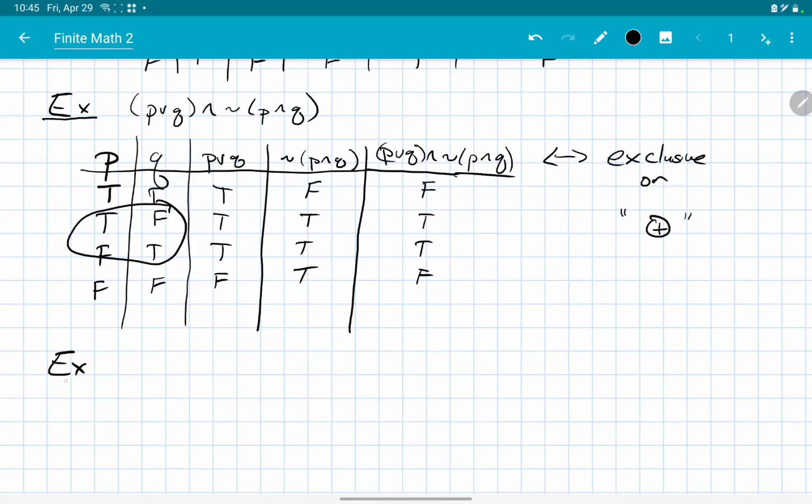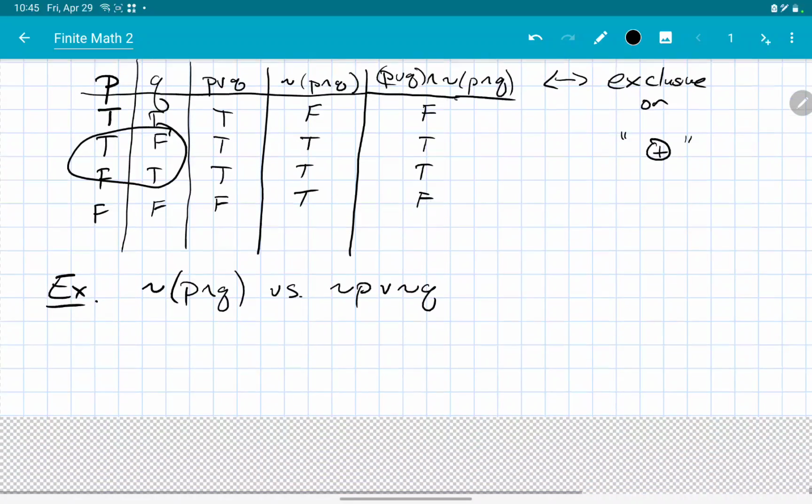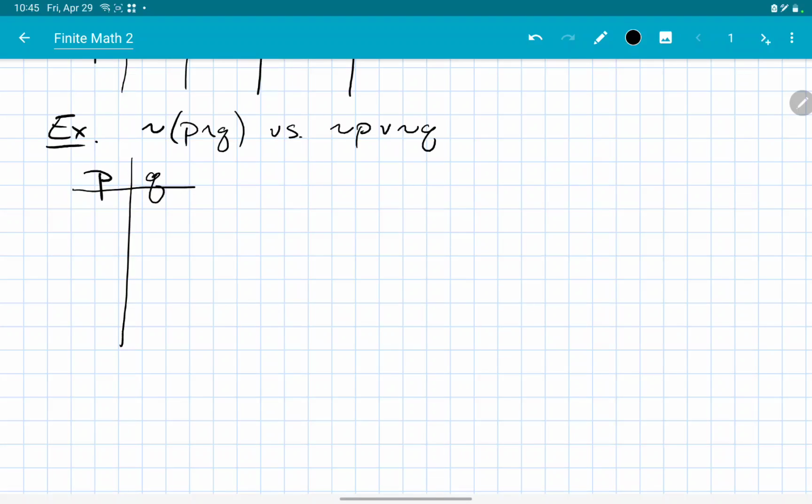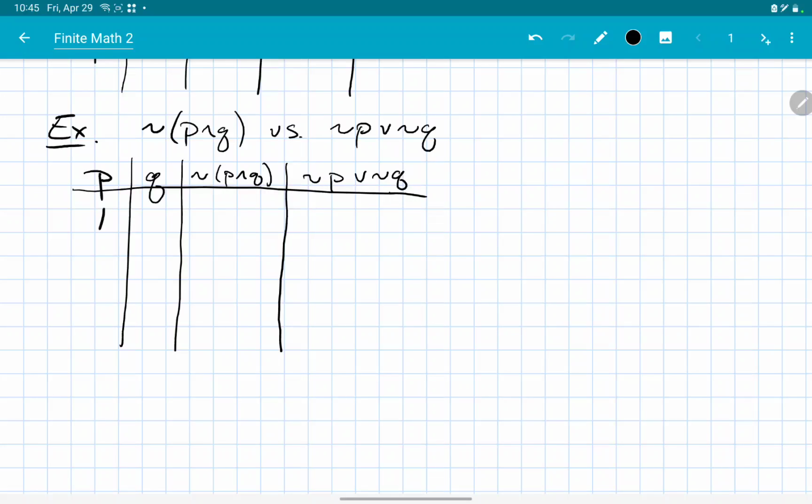Now, I want to look at two compound statements. Not P and Q versus not P or not Q. And we'll see if we can get this done without going too deep into this truth table.